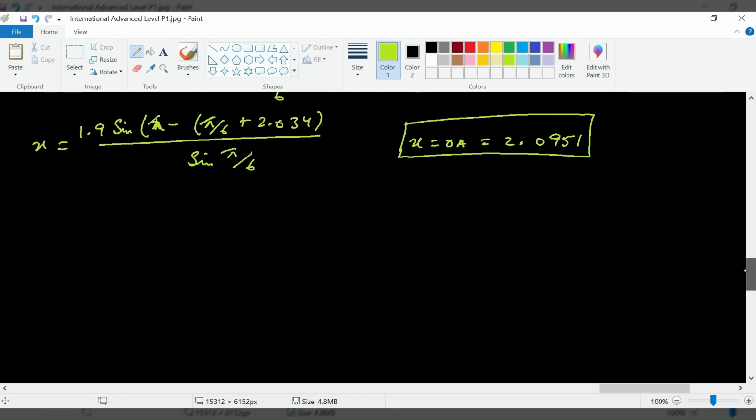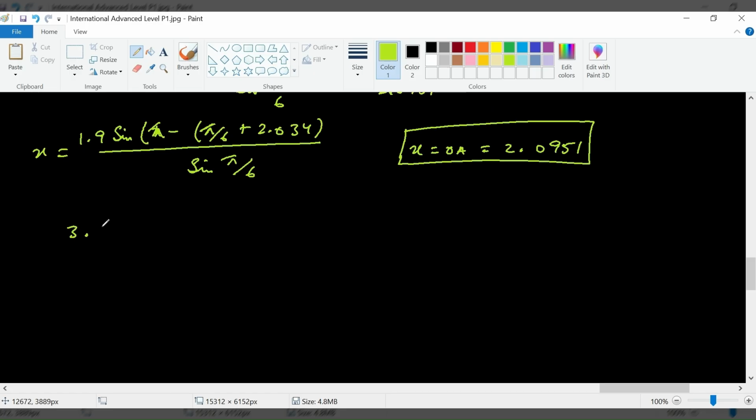So I will add up 3.4 plus 1.571, plus 1.9, and then we add 2.0951, which is going to be equal to 8.967.